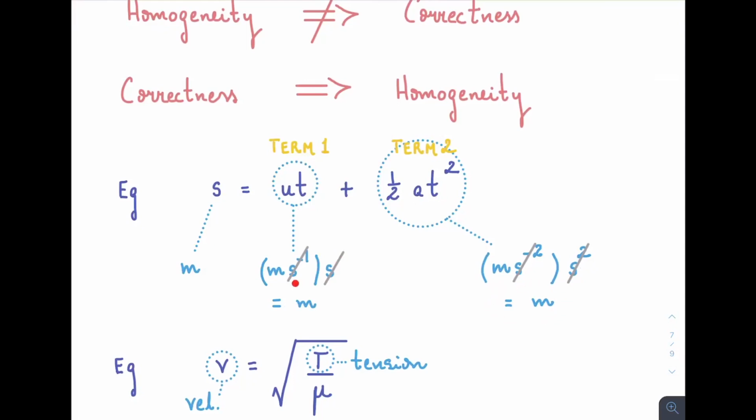So as I told you, we have something in meters added to something in meters, which gives us an answer in meters. So yes, it is homogeneous. So this is a particular case when we have two terms in the equation added together.